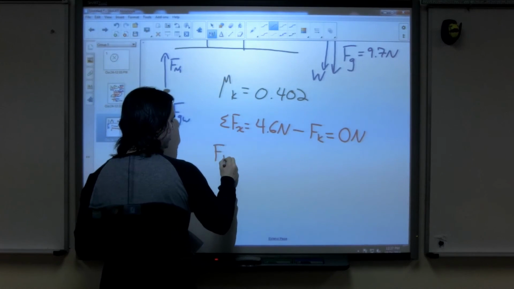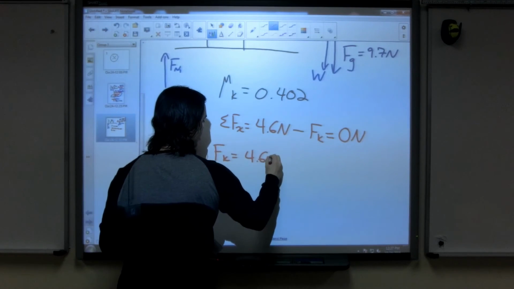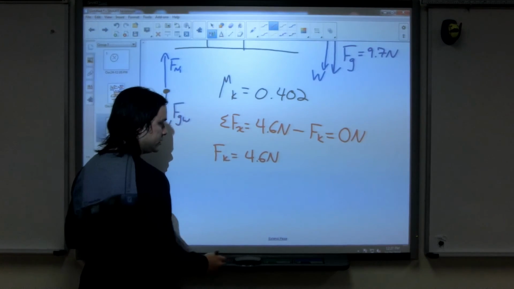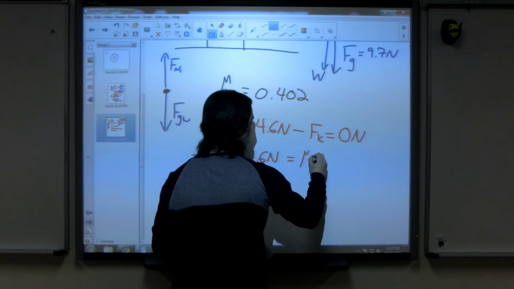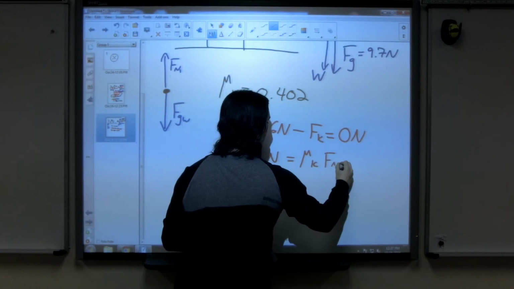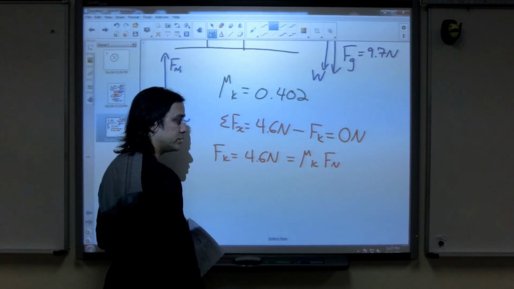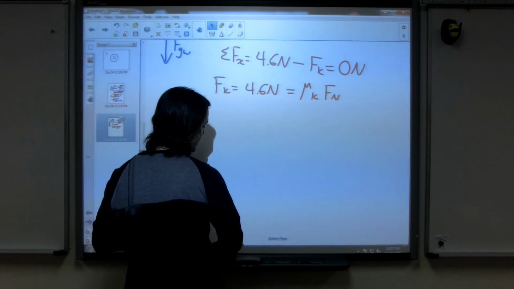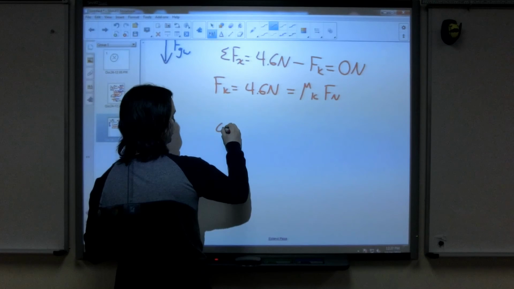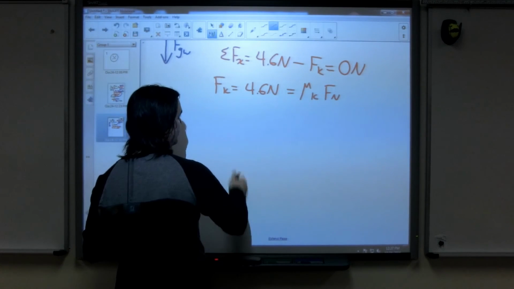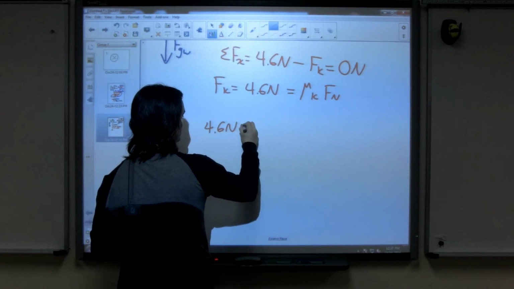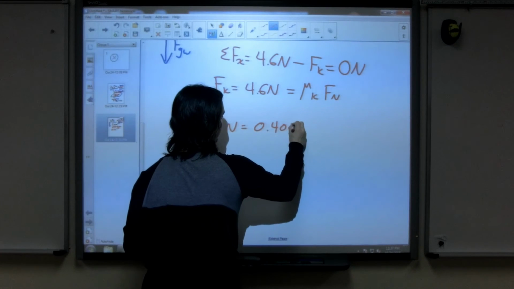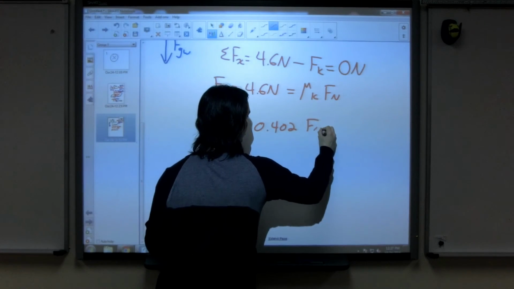We now know that the force of friction is equal to 4.6 newtons in our new case. And we also know that that is equal to mu sub k times our new normal force. Mu sub k is 0.402. So I've got 4.6 newtons equals 0.402 times my new normal force.